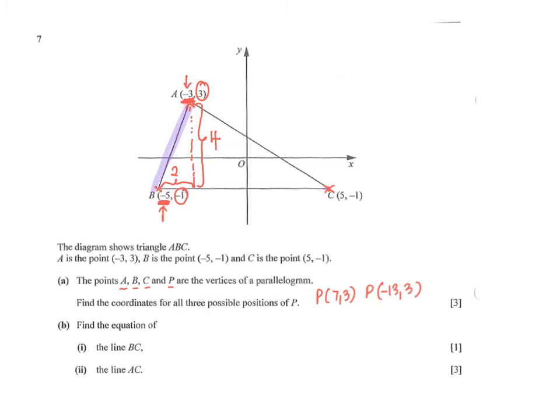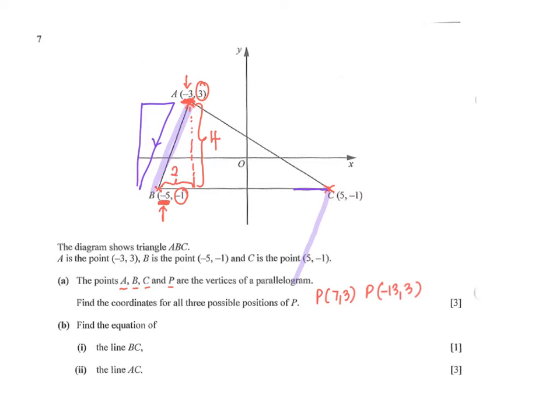So I can make this side parallel, that means for A to go to B, I will shift a total of 2 units and then down 4 units. So from C, I'm going to try to find a side that's parallel to AB. That means I need to shift a total of -2 units.